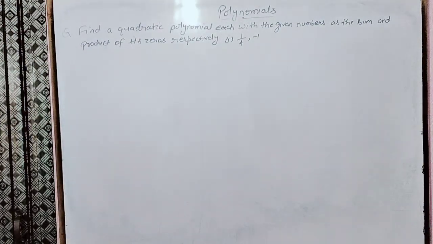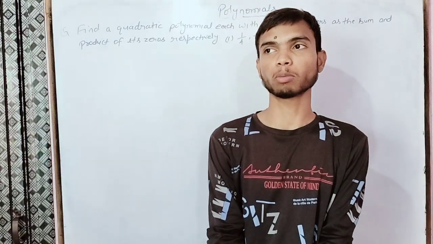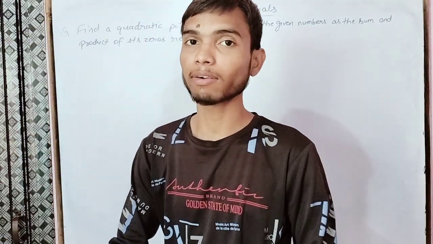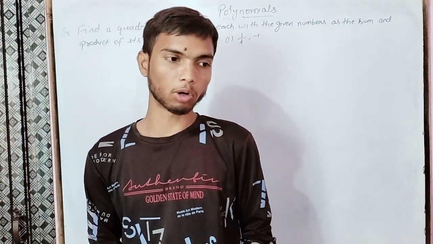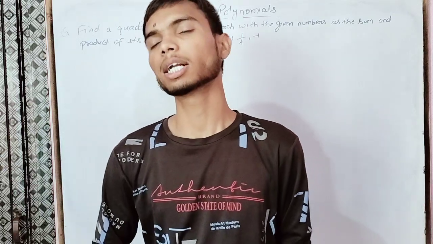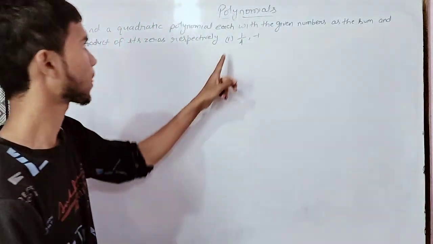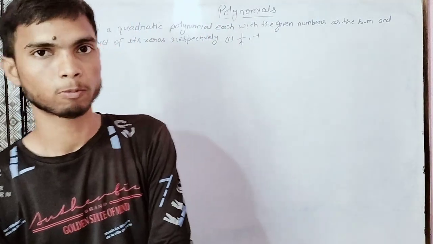Read this question. Question is saying you have to find a quadratic polynomial where we don't have given quadratic polynomial, but zeros of that unknown quadratic polynomial is given, which is 1 upon 4 and second is minus 1.